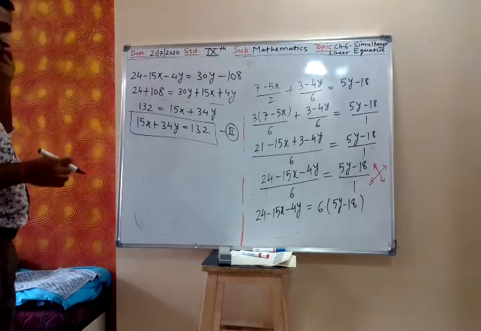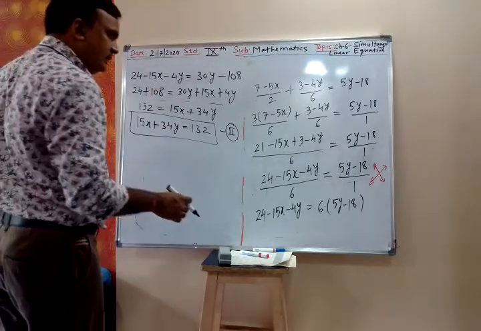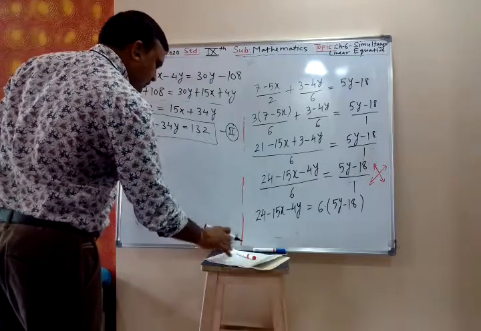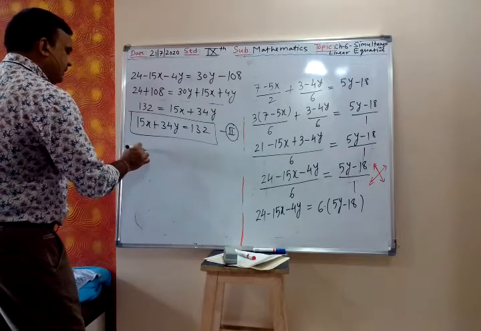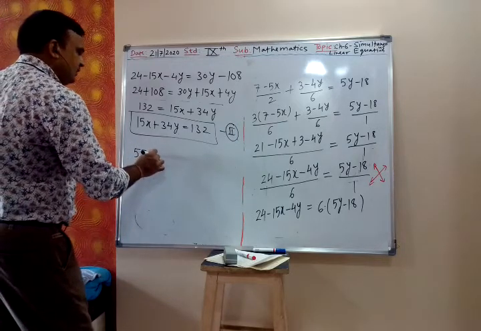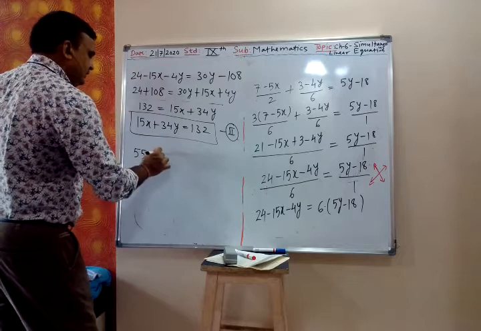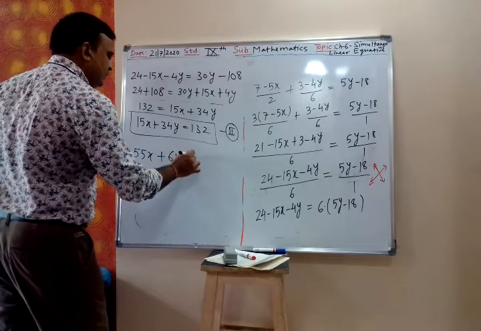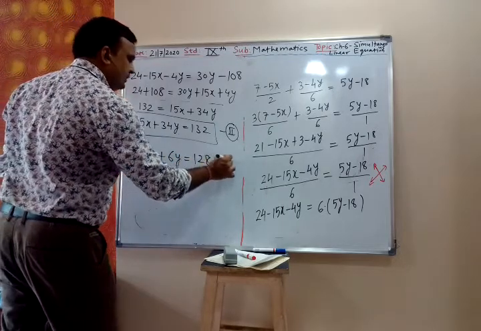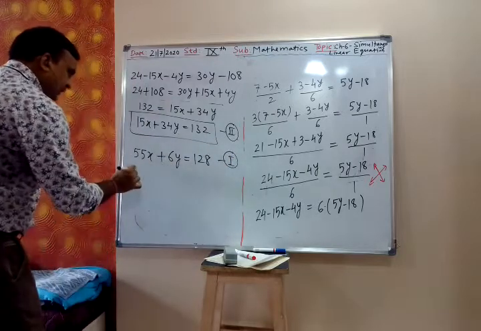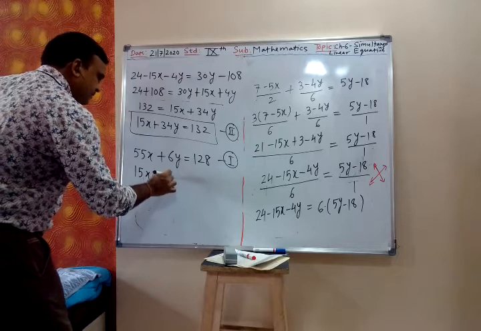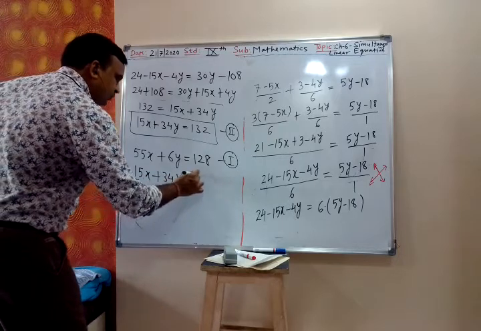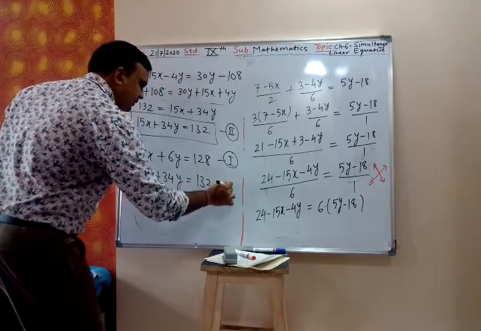So what was equation 1? Equation 1: 55x plus 6y is 128, equation number 1, and 15x plus 34y is equal to 132 is my equation number 2.